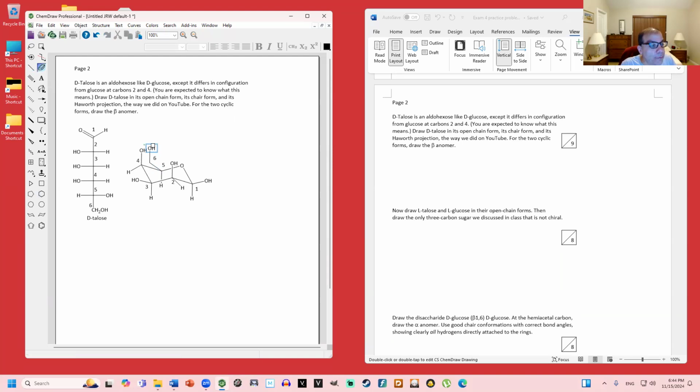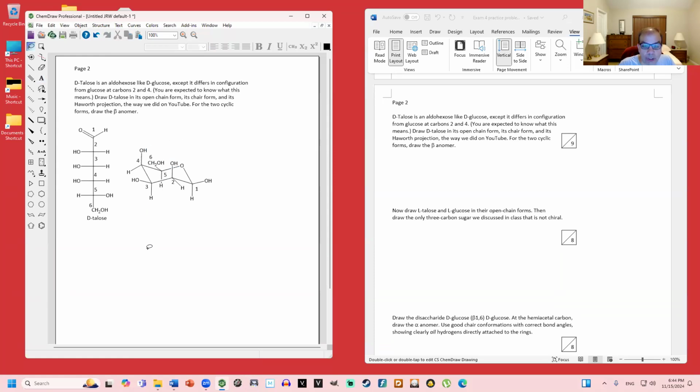And if you would rather draw the CH2OH just like this, flush left, then that's, of course, completely fine.